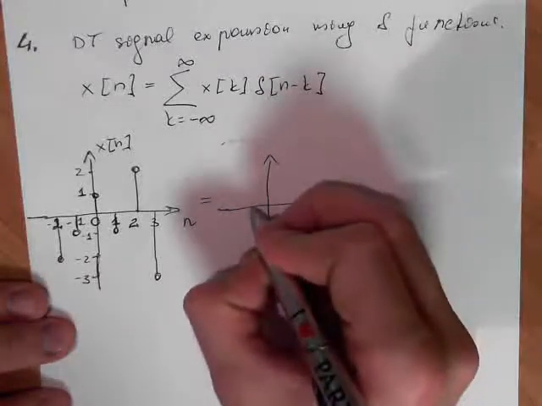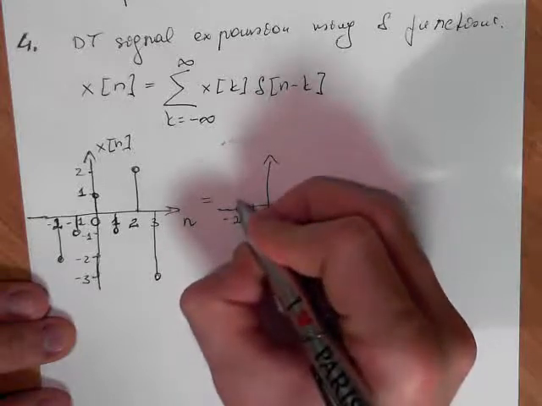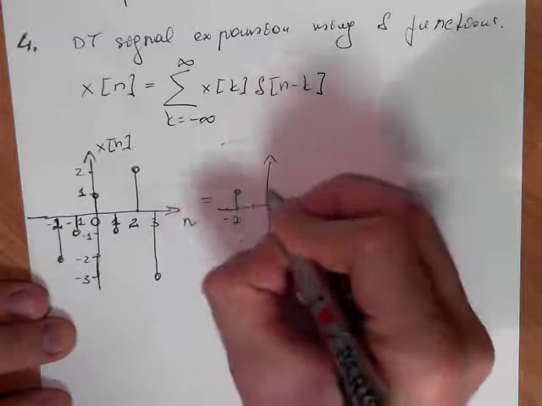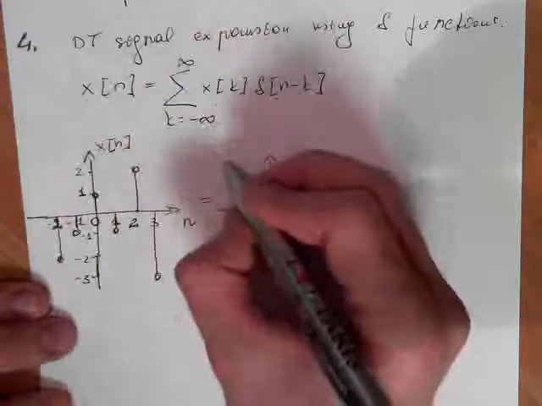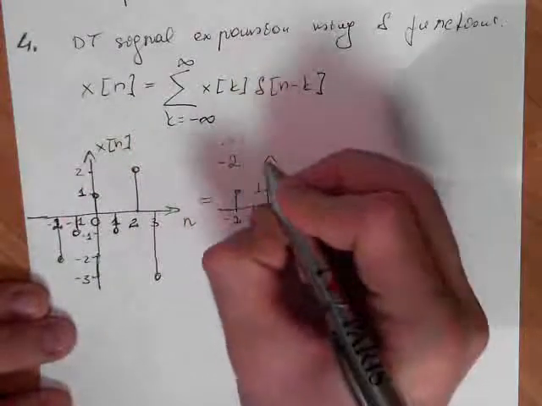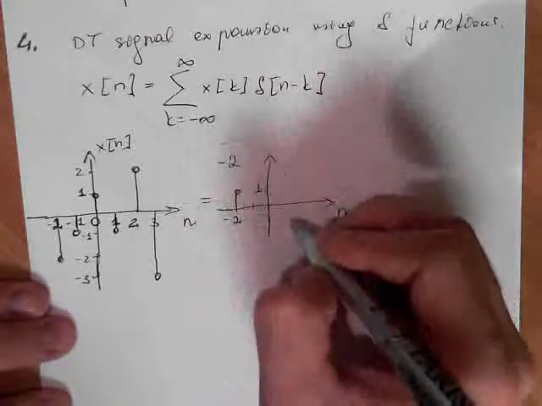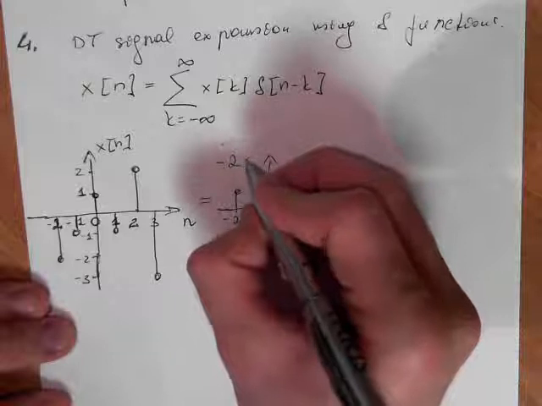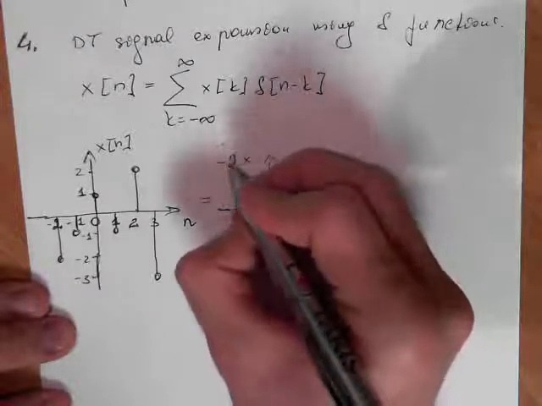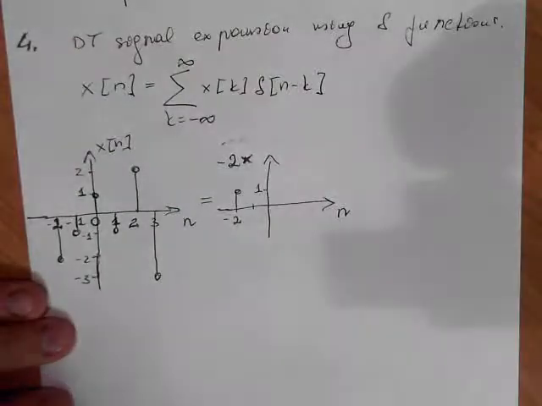On -2 it is having 1, this value. So how can we make it -2? We multiply this whole graph, meaning this value, by minus 2. This is multiplication by minus 2.